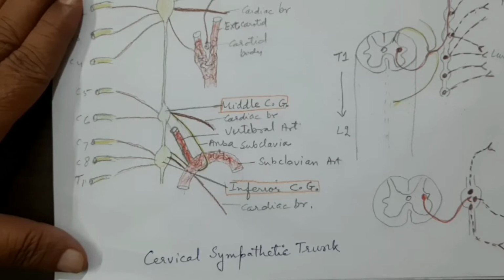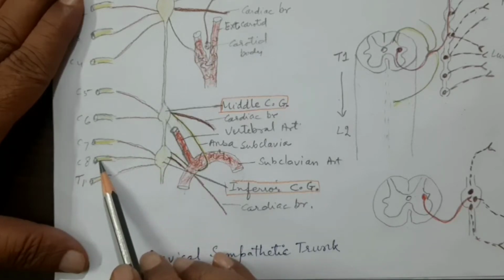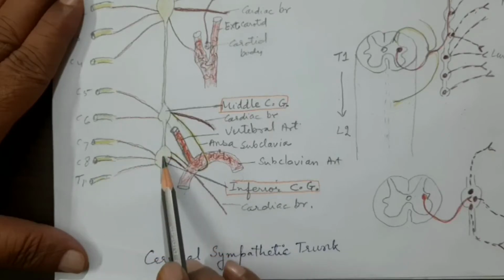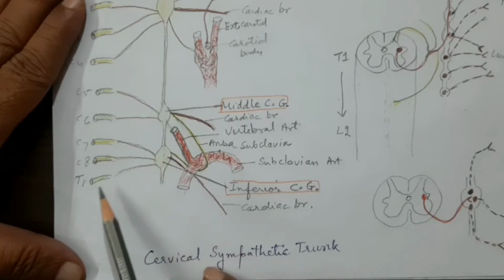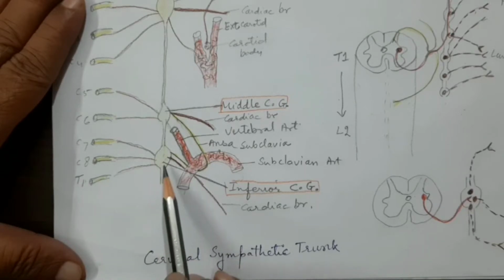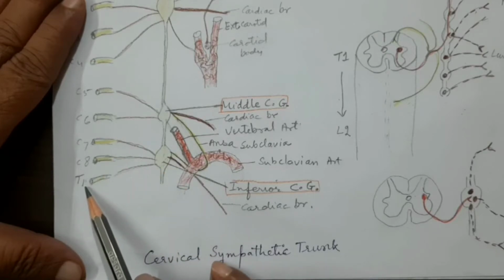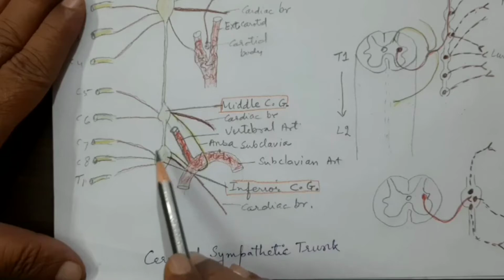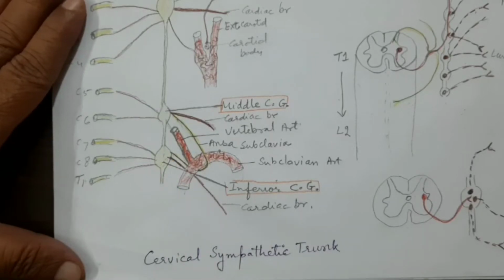It represents the fused C7 and C8 ganglia. But sometimes the thoracic 1 ganglion, which is in the thorax, may also fuse with this inferior cervical ganglion. In that case it will represent three fused ganglia.